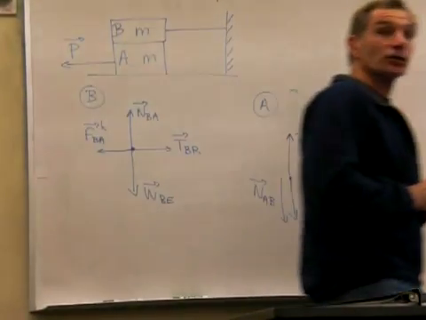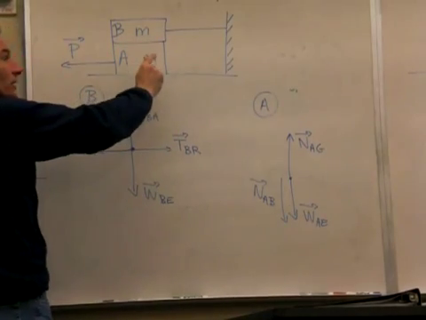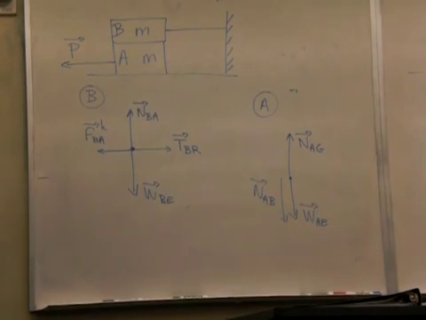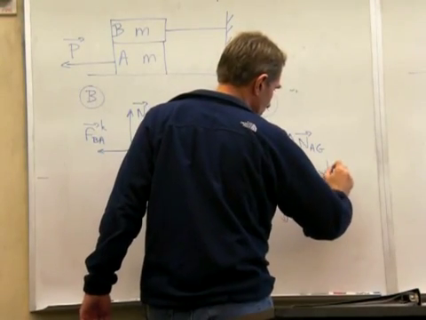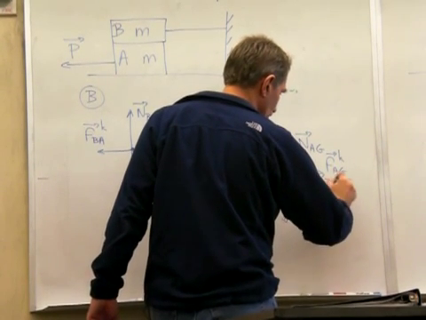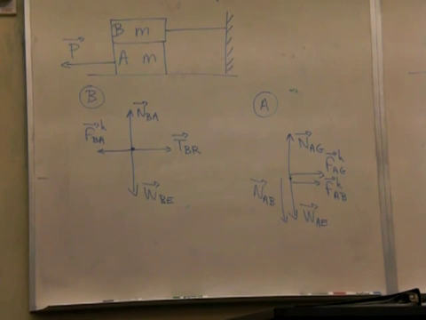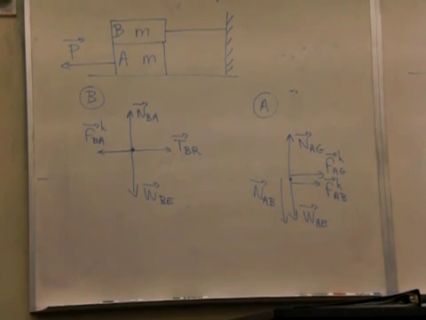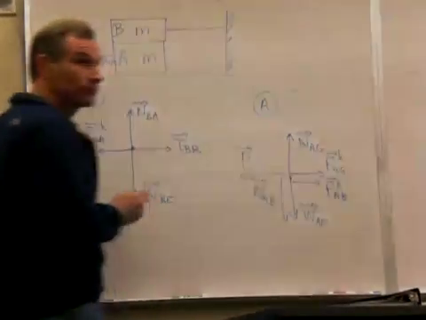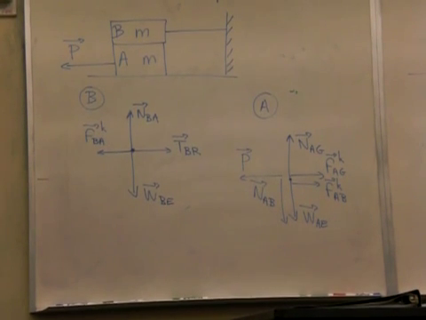How many forces of friction do we have? Two, because we have two surfaces that are in contact with A. One surface which is in contact with the ground, and one surface that is in contact with B. We have one force of friction acting on A by the ground, and another force of friction acting on A by B. And finally, we have the force P. Lots of forces acting on A. It is important to count them all correctly.